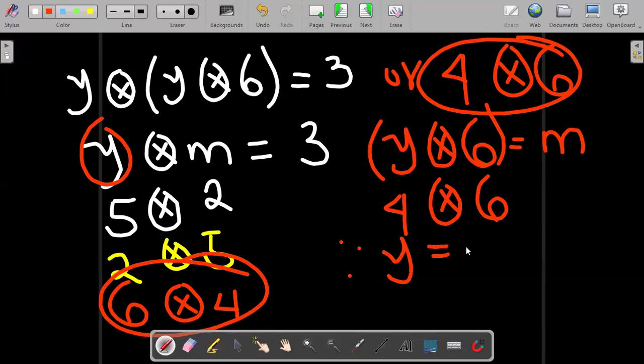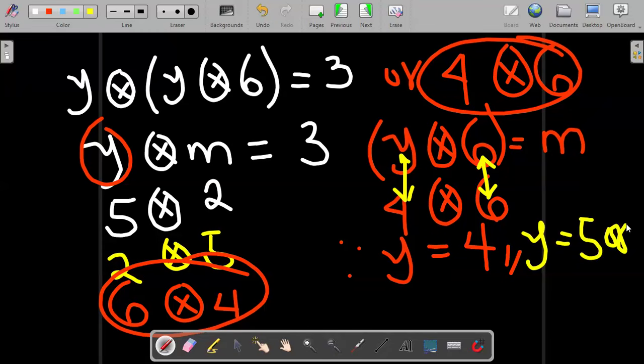It makes our y to be 4. If you compare these two, and compare this and this, your y is simply 4. So your y can be 4, your y can be 5, or your y can be 2. These are the set of numbers. It can be 4, 5, or 2.